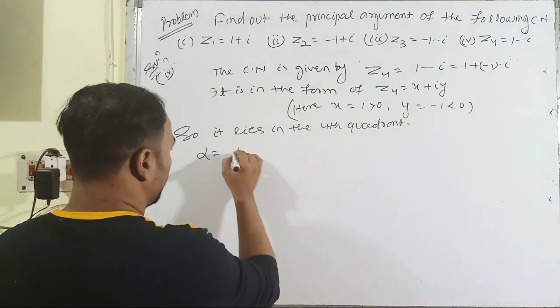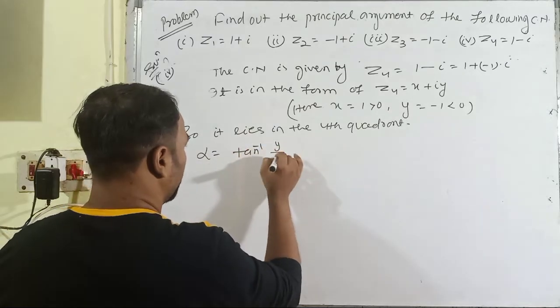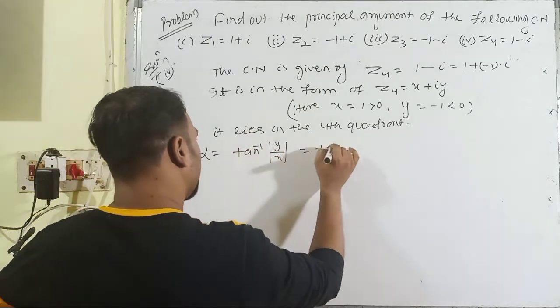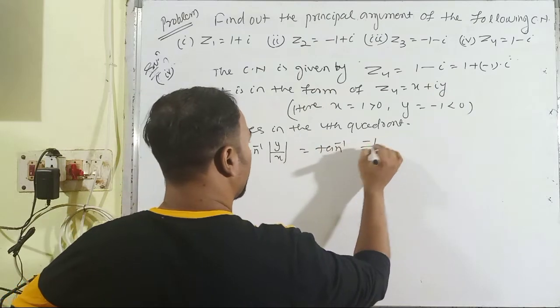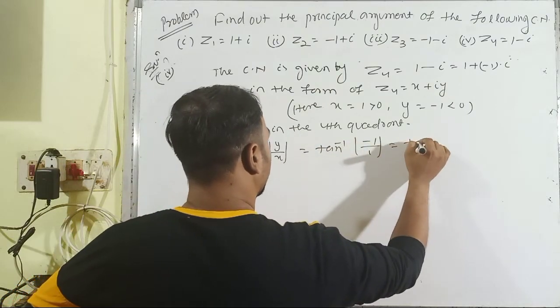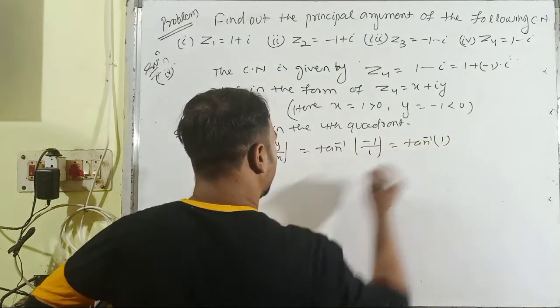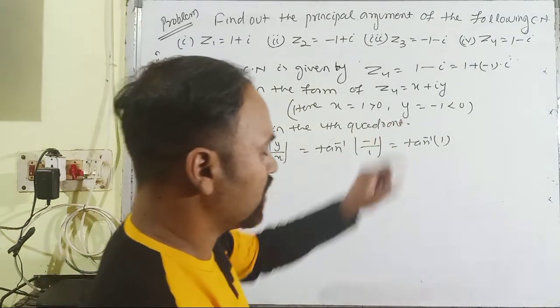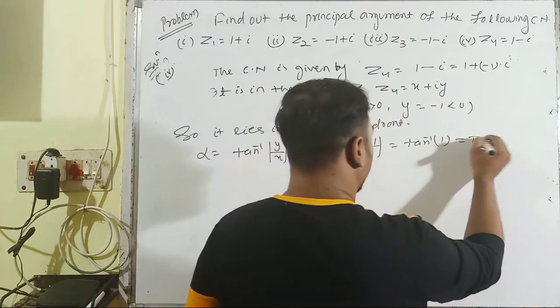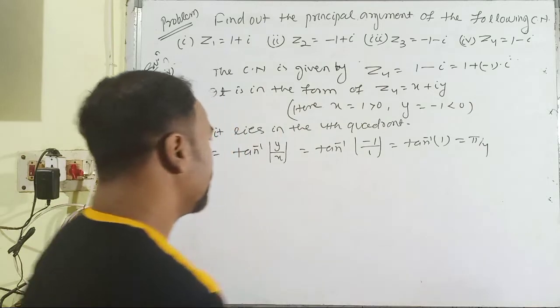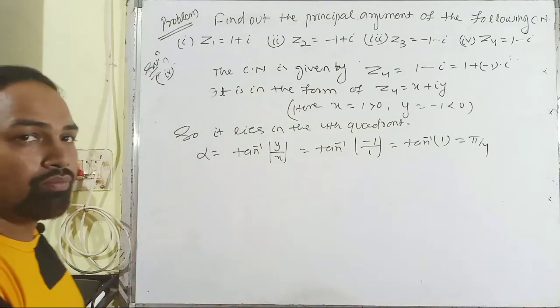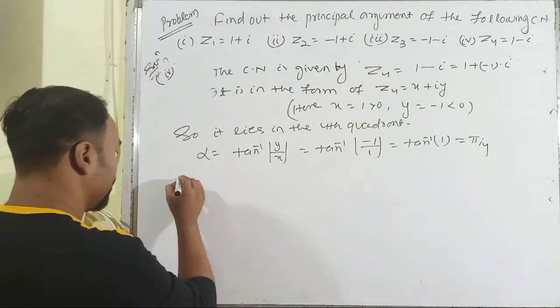Alpha is equal to tan inverse modulus of y upon x, tan inverse modulus of minus 1 upon 1, tan inverse plus 1, because modulus of minus 1 is plus 1, and it is pi by 4. Then we have to find out the principal argument in the fourth quadrant.